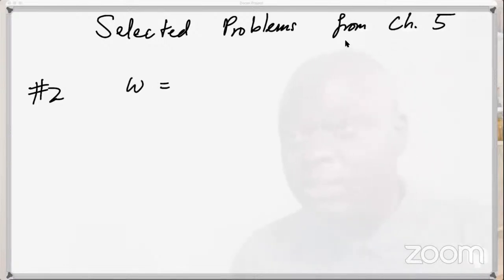Angular velocity is denoted by omega, it's like a W, so 6 rev per minute.